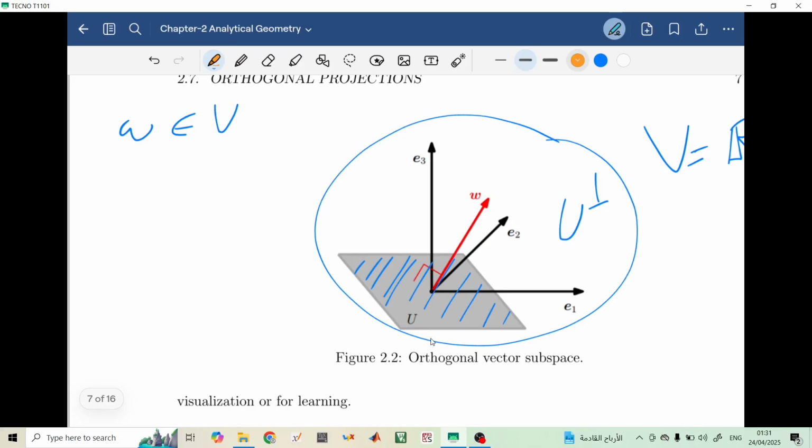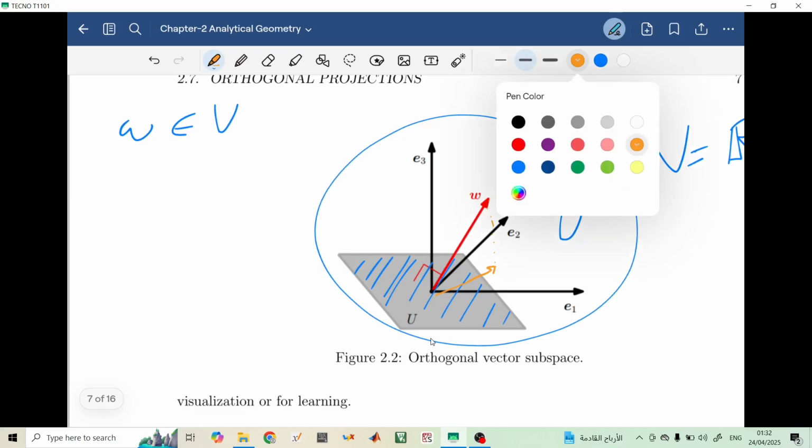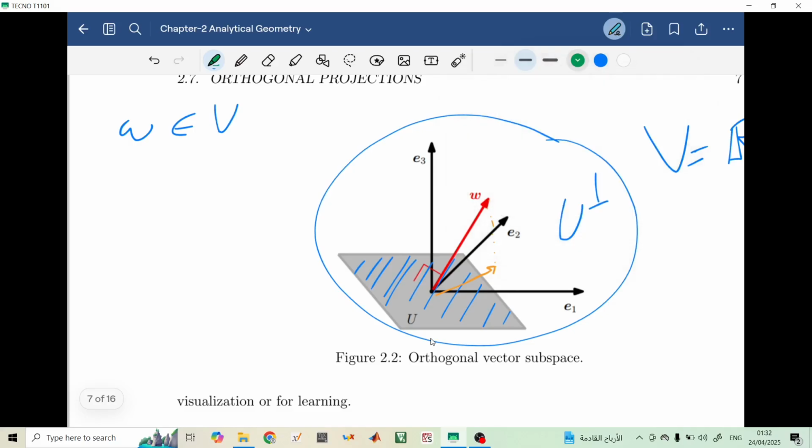So we have this, let's say w here, and we have the orthogonal complement of w. Let's put it in a different color, say green. So we have this vector and this vector. Let's call this one w perpendicular, and this one, let's put it in orange.